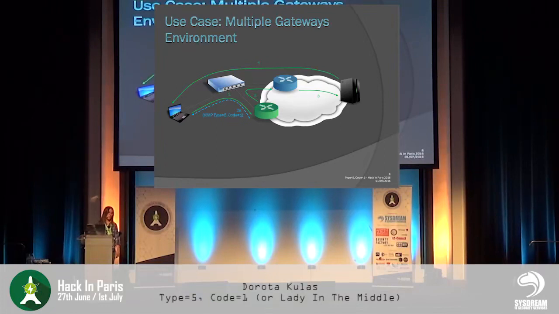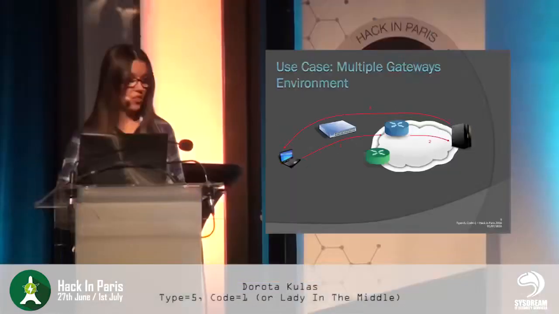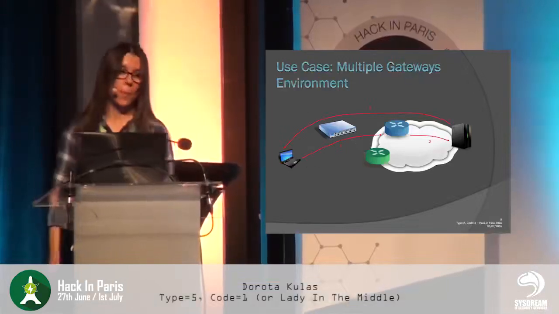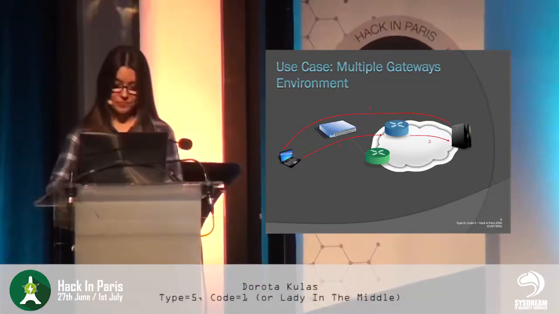So it sends the packets to the blue router, but at the same time, the green router will send an ICMP redirect message to the host, so that the host knows it can skip the green router all along because it's not needed. It can just send the message directly to the blue router. So the communication from now on looks like this. And that's what this ICMP redirect packet does.